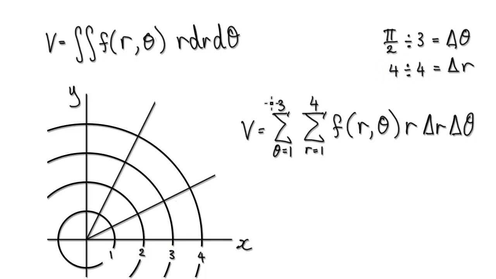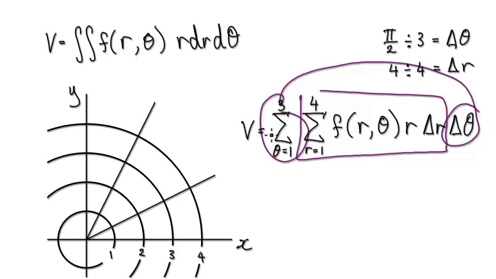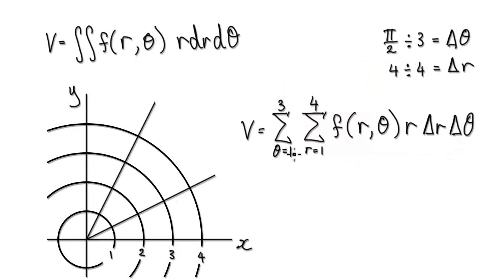So we would set up this counting mechanism. All this is a counting mechanism. You've got a thing nested inside another thing. So for the first angle, this is an angle of 1, and an angle of 2, and an angle of 3.